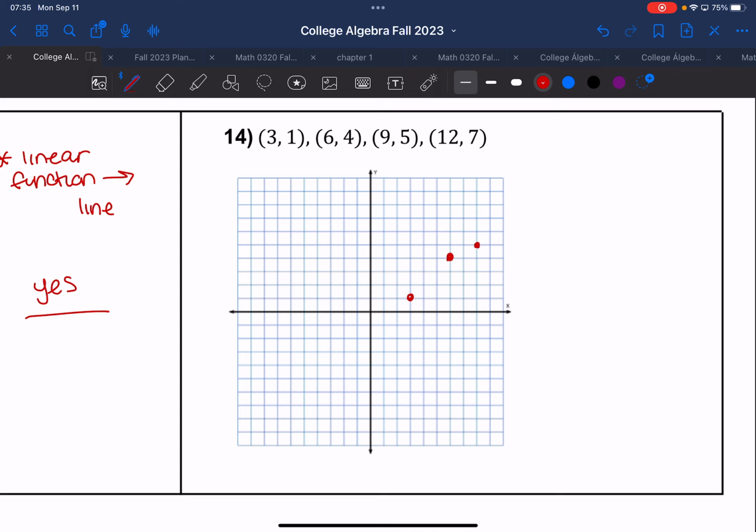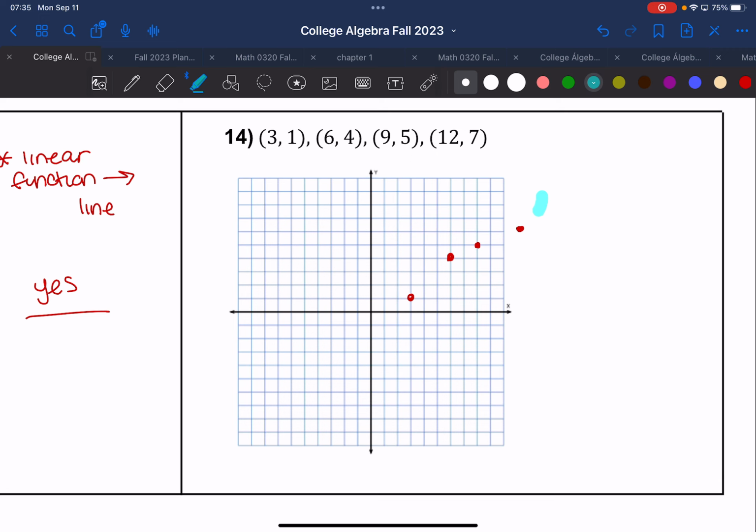So 12, 7 is going to be a little off this graph. Okay. Notice that these points don't make a straight line. If I was to connect this, I could say it's something like this. Yeah, there's that little curve right there at the point 12, 7. So since it's not a straight line, is this linear? No, it's not linear.